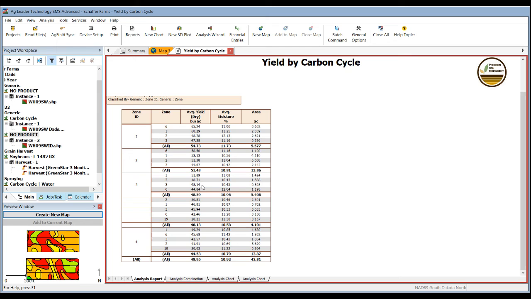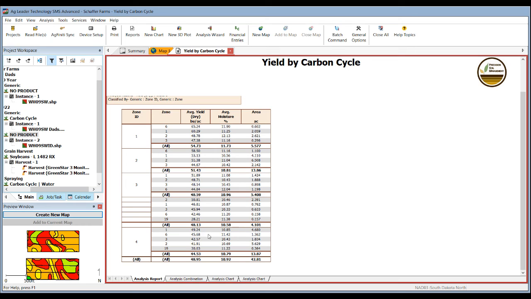Zone 3 was 48.1 in the Carbon Cycle, was 42.6 in the non-Carbon Cycle. And zone 6 was 44.8 Carbon Cycle and 45.7 in the non-Carbon Cycle.